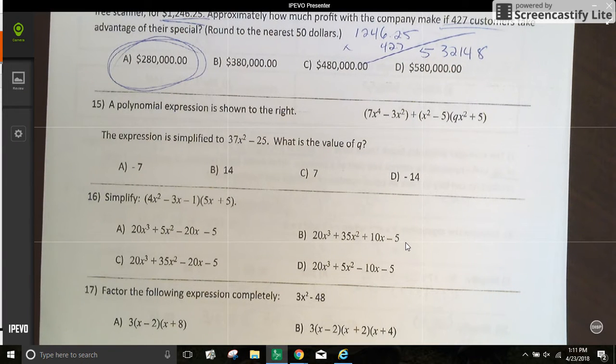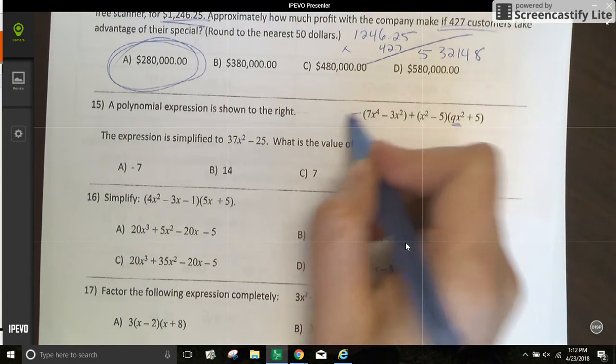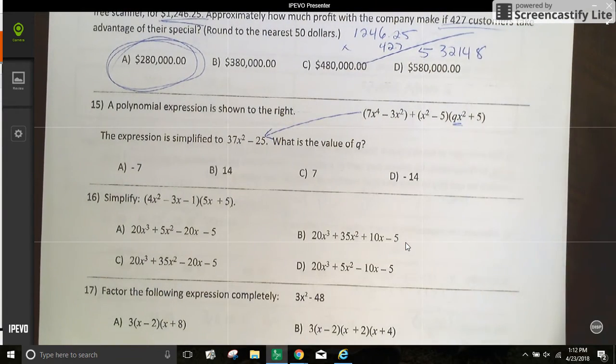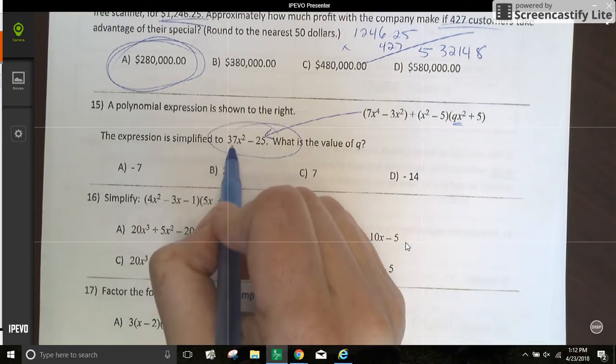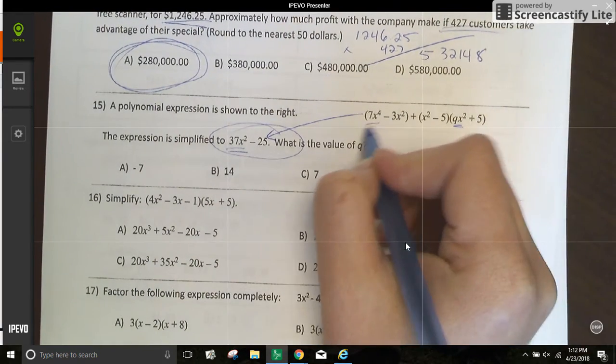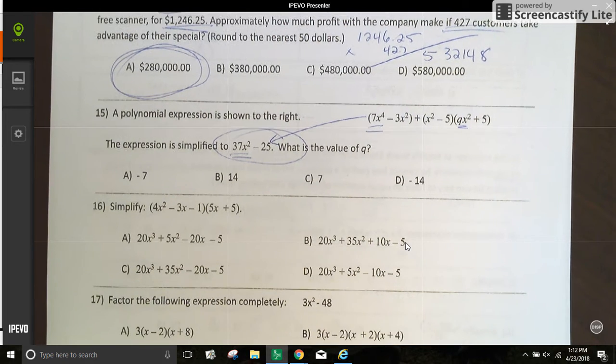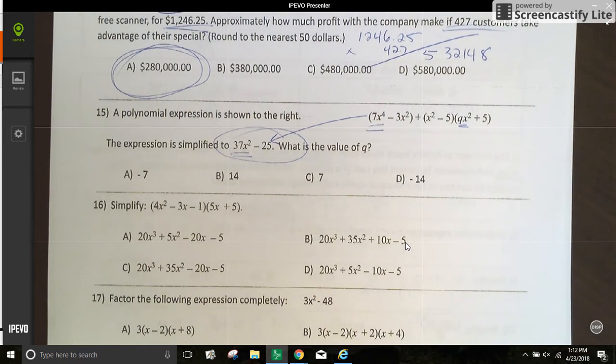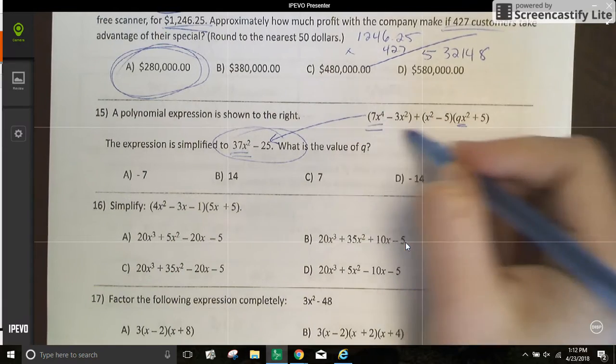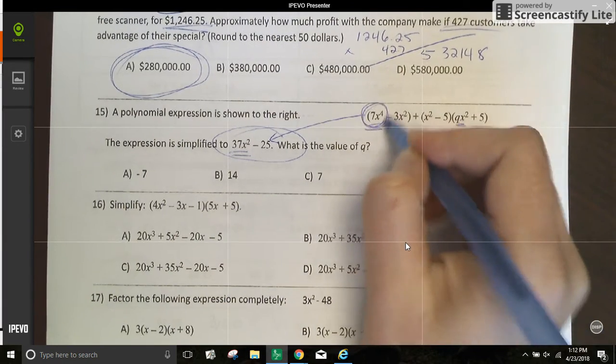All right, for 15, what does the value of Q need to be? So they want to know what Q needs to be to go from here to here. So if you notice in the answer, there's only an x squared, and in the question, there's an x to the fourth. So that means my x to the fourths must go away if they're not in the final answer. So you're trying to figure out what this Q needs to be to get this to go away.